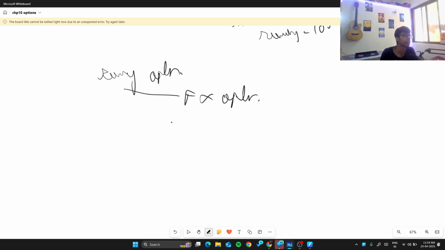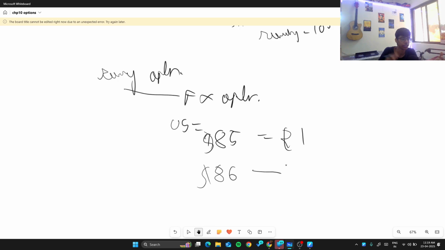Let's say the US dollar conversion is 85 rupees for $1. If we think the price will increase so much, we will buy a call option at 86. That will be our strike price, our conversion rate.